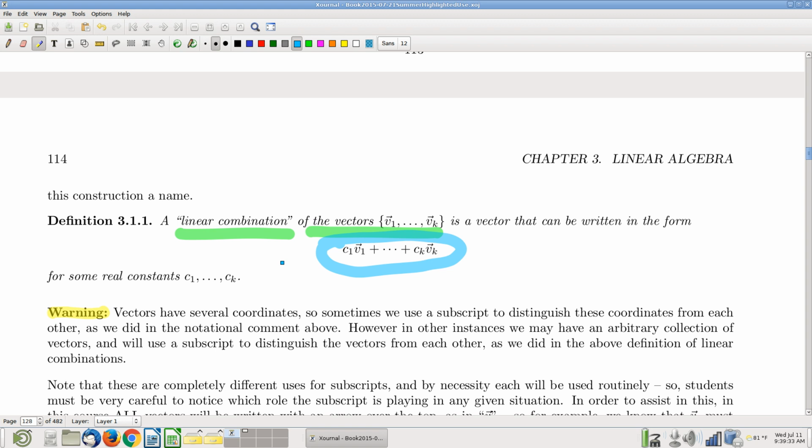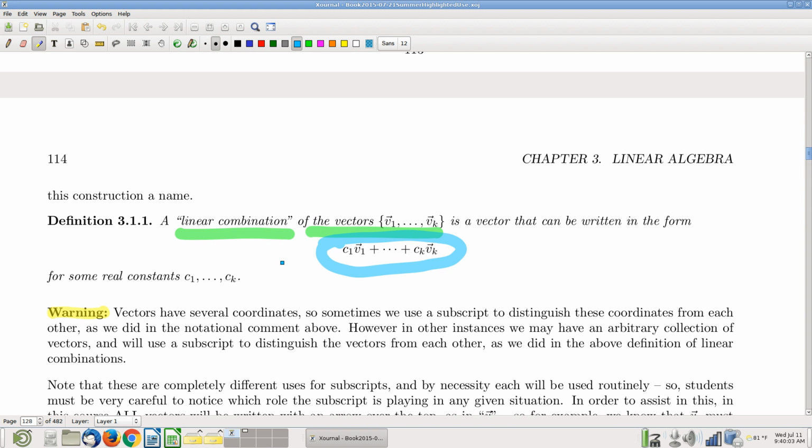So anything that you can get by way of this process is called a linear combination. I think the word combination is pretty easy to motivate because you're combining these vectors in certain ways, right? And linear because, well, you're multiplying by scalar constants only and adding. So you might say that these are operations that we think of as being linear in the sense that these are the kinds of operations that came up in our study of straight lines.